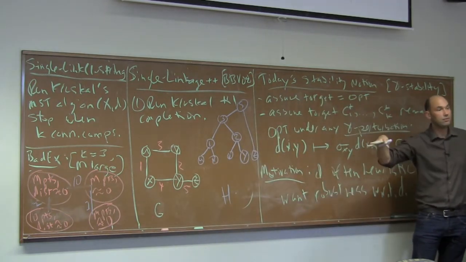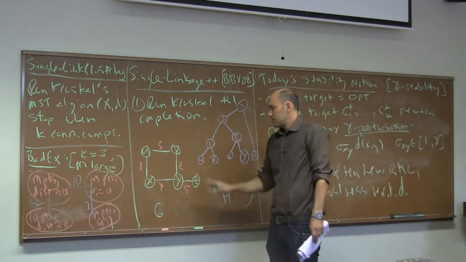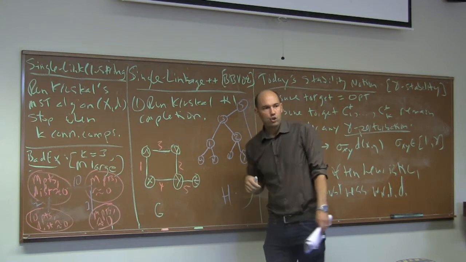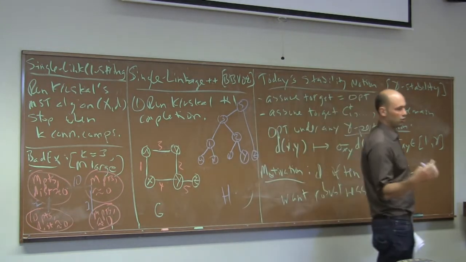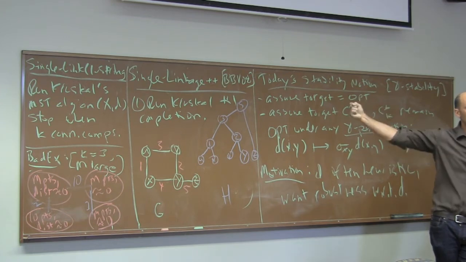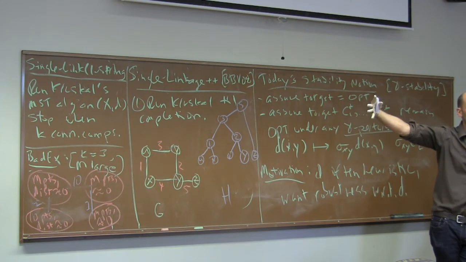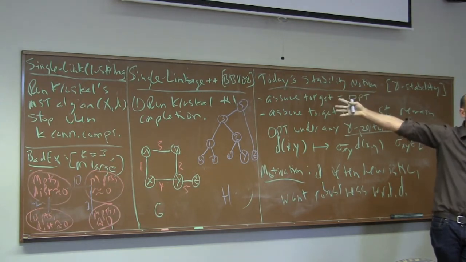H has n leaves, which are exactly the n nodes of G. The internal nodes of H correspond exactly to the edge additions by Kruskal. Okay? So each time Kruskal adds an edge, you add a node to H, which then has 2 children. Okay? So there are n-1 edges in a tree, and there are n-1 internal nodes in H, corresponding to the n-1 minimum spanning tree edges. Okay?